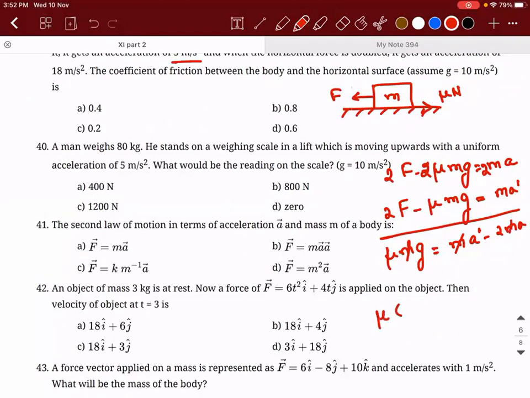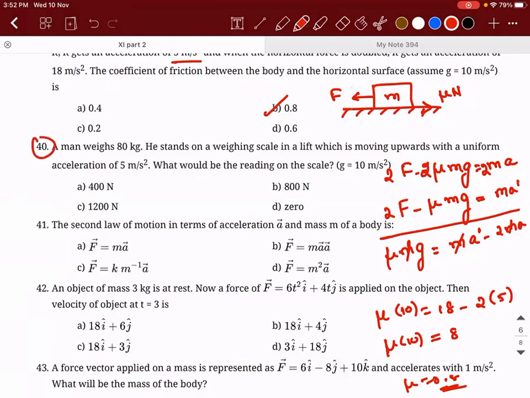Mu into g, which is 10, is equal to a dash, 18, minus 2 into a, which is 5. So it is going to be 8. So mu into 10 is equal to 8. So mu will be 0.8. I hope everyone is clear with what I did. So 39, the answer is 0.8.